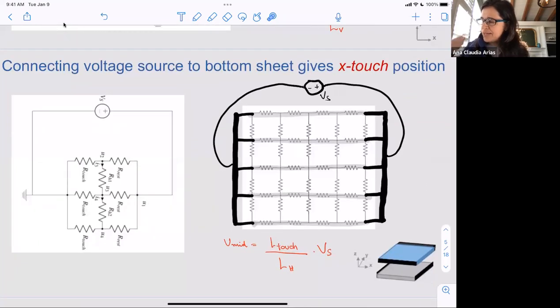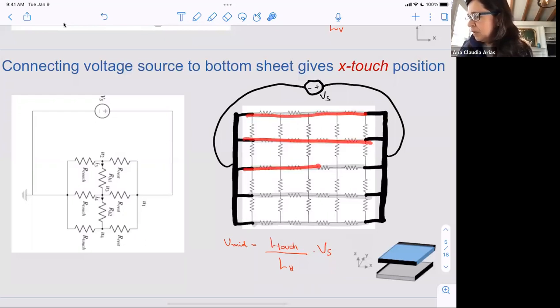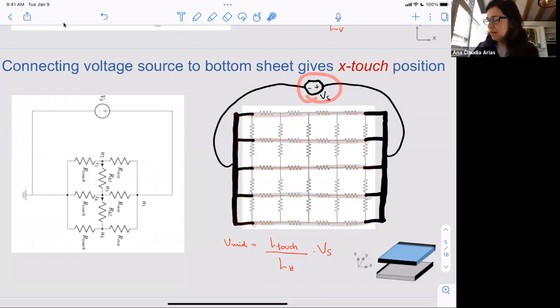Our second part of the analysis was the bottom plate, because we really have these crossing parts. Now when we attach the bottom plate, current is only going to be flowing through these connectors, where the black part here was our bar, very conductive, where we make our connections and apply Vs again.